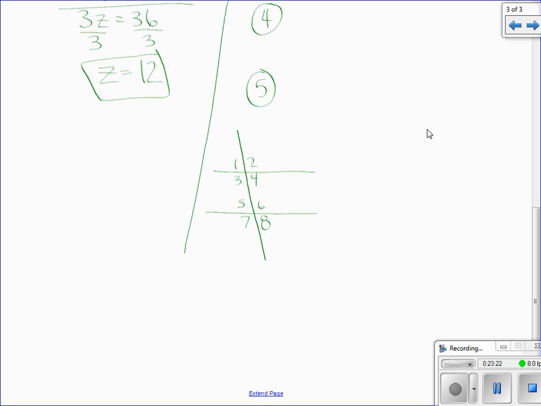Number 4 says, if angle 4 is 65 degrees, then angle 1 is what? Also 65 degrees. Okay, how come? How did you know that?